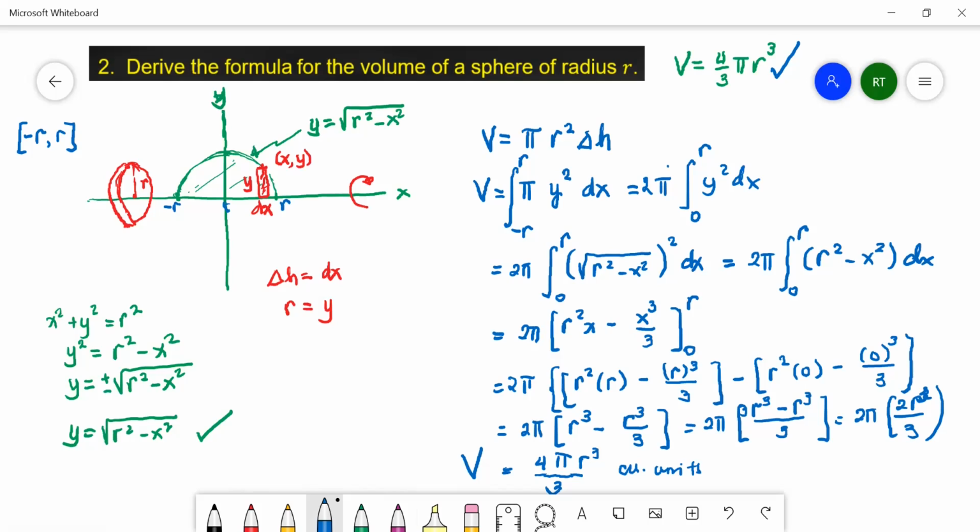As mentioned earlier, you can also consider the axis of revolution as the y-axis. So you may consider a semicircle to the right of the y-axis, and you can also form the solid of revolution, the sphere.